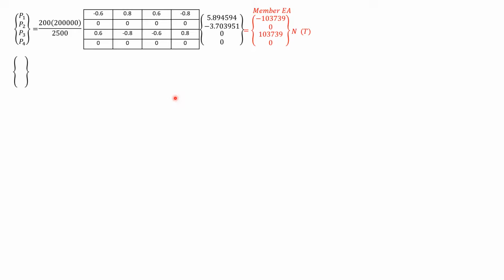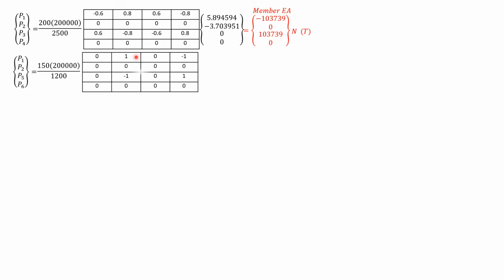So that's member EA. For member EB, it's area 150 to 100,000 over length 1,200. Then the cosine is 0, the sine is 1. So it's easy to remember. So cosine 0, sine 1, then negative of the first, then 0, 0, 0, then negative of the first row, and 0, 0, 0, times the displacements U1, U2, then 0, 0, because U5 and U6 are all zeros.